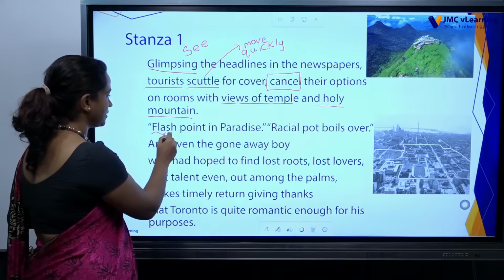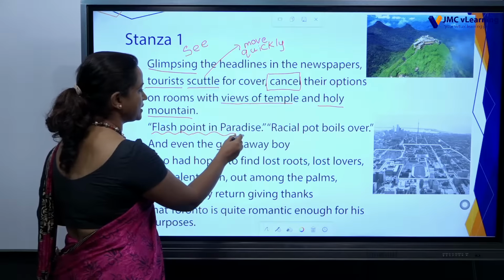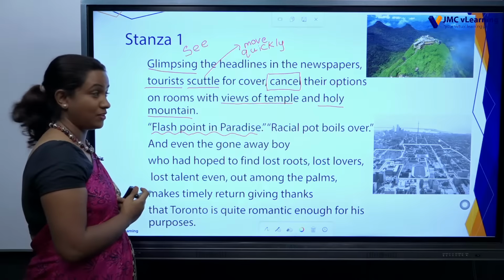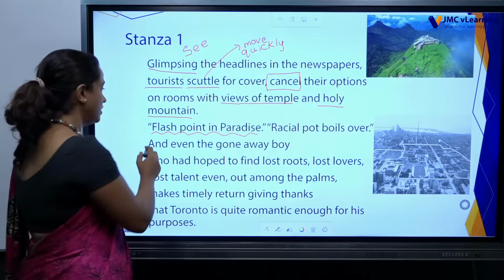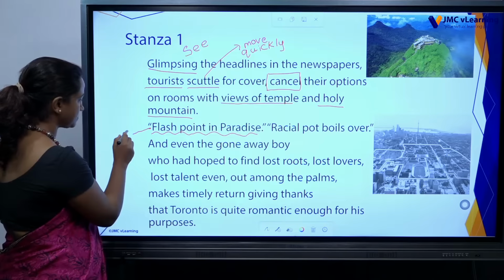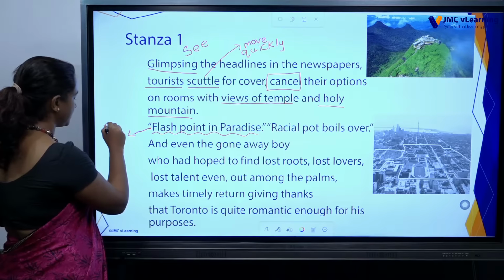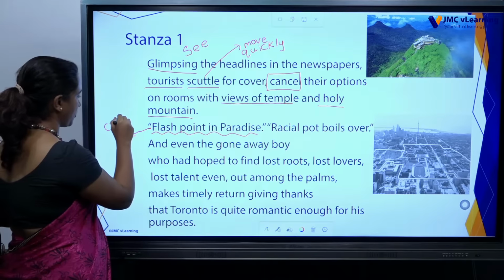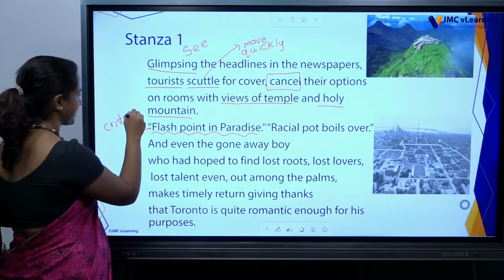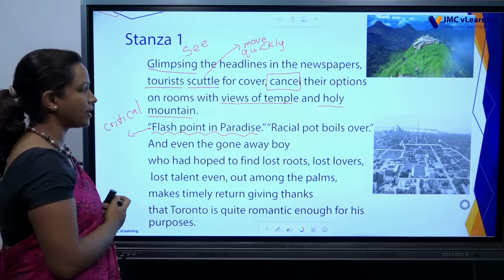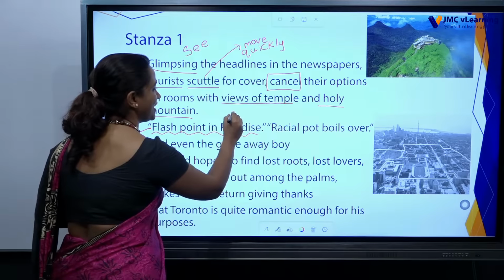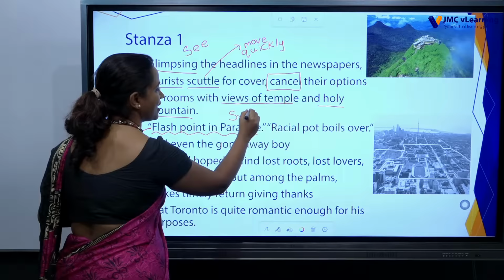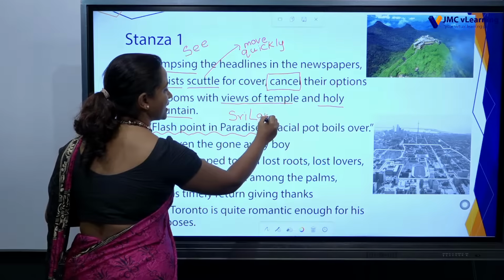Flash point. Here, flash point in paradise. Flash point, what's that? It's the critical point. Very important point in paradise. What is paradise? Sri Lanka. Sri Lanka is the paradise.